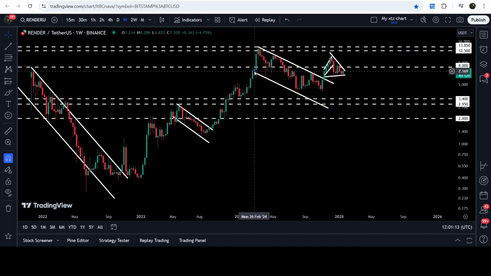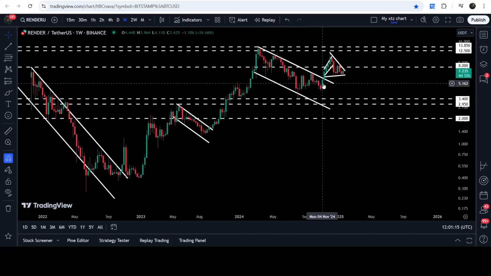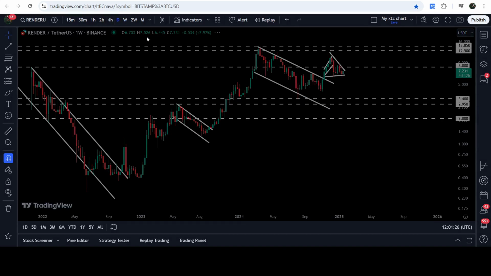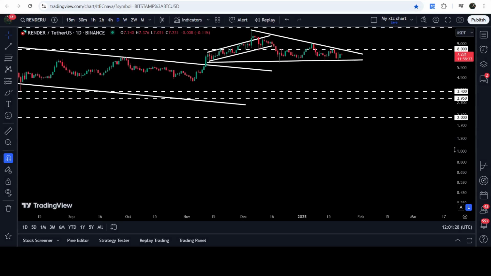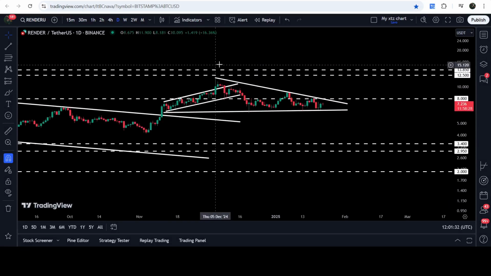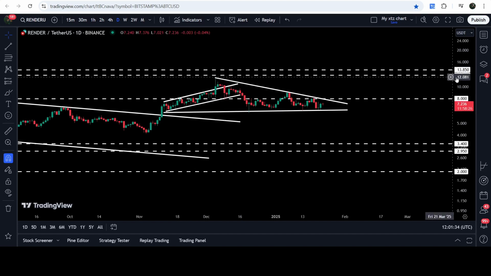And from the month of Feb 2024 up till the month of November 2024, in the first week of November 2024, we broke out the resistance of the channel. We had a nice short pump, but the price then got stuck inside another triangle. By the way, recently we have also broken down this up channel as well and almost got rejected once again by this resistance zone from $12.50 to $13.85.